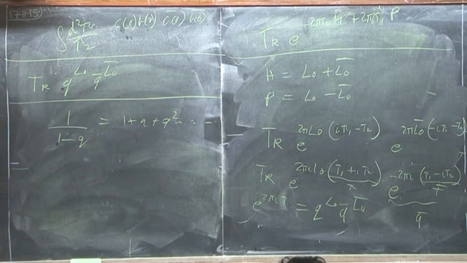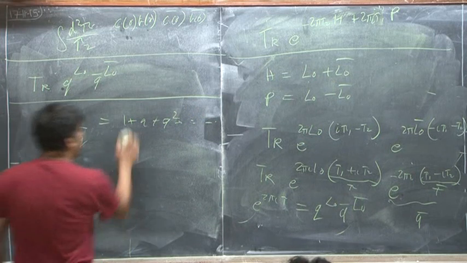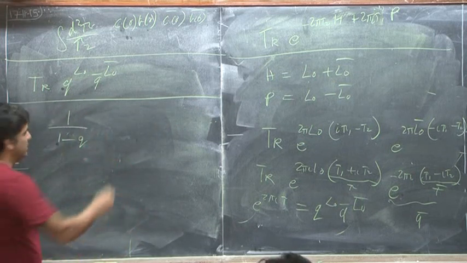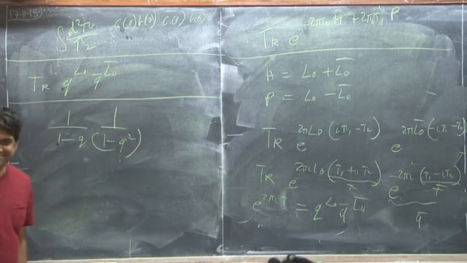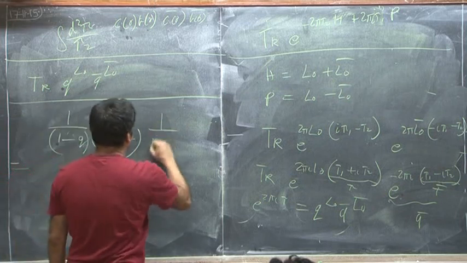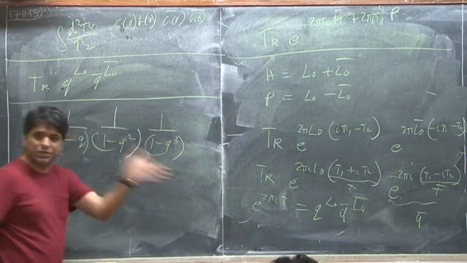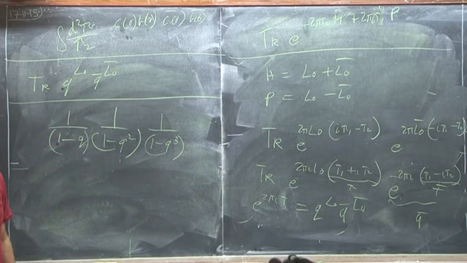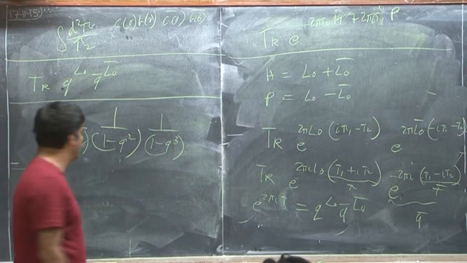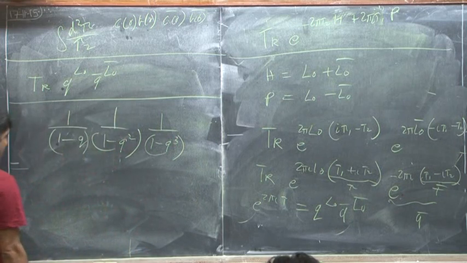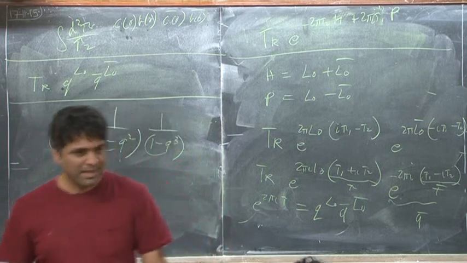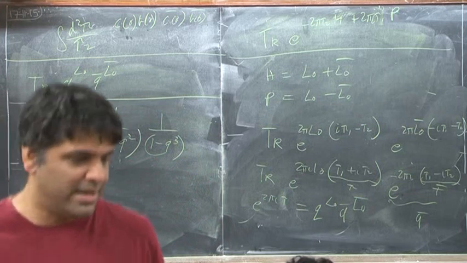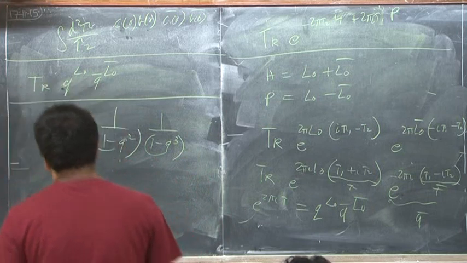For oscillators of frequency 1 there's also an oscillator of frequency 2, that is 1 minus q squared, and one of frequency 3, which is 1 minus q cubed, and so on. We get all of these, but then we also need the zero point energy. For each X, we had a q to the power minus 1 by 24.